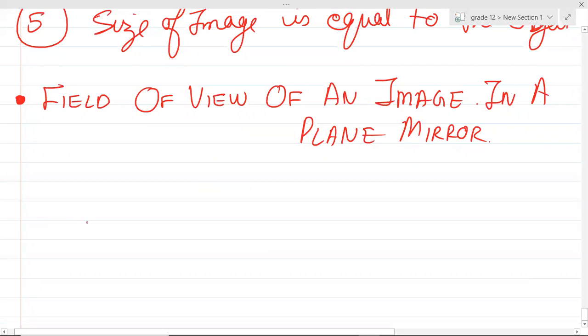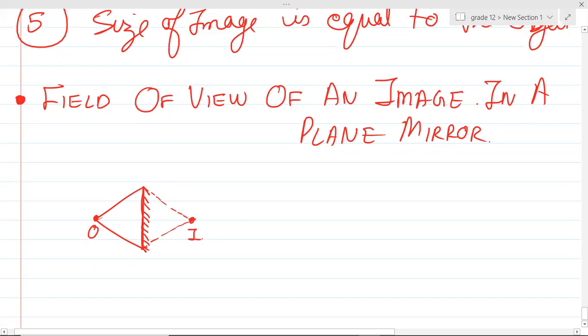Suppose there is this object and let's say this is a plane mirror. Is everyone able to see a finite length plane mirror? Can you see a finite length plane mirror, right? Yes or no? The image for this particular thing will be formed somewhere over here.